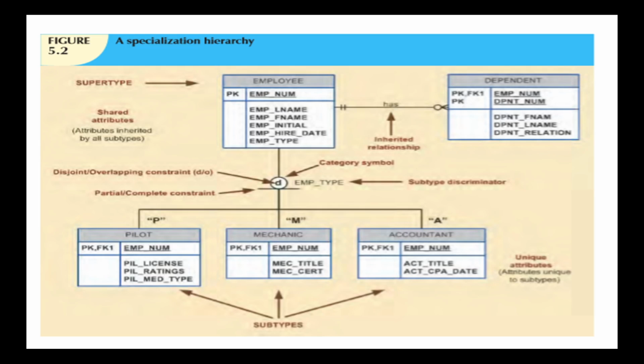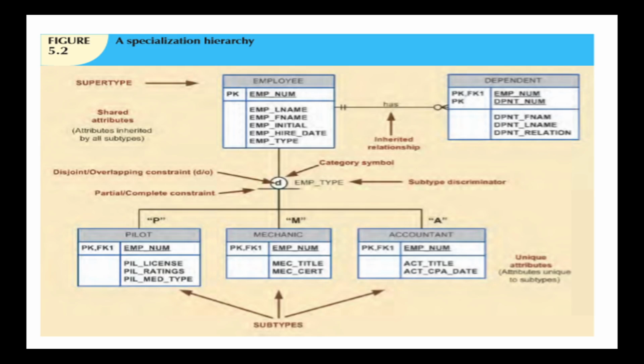It's very important for pilots. These attributes are not shared by the mechanic and the accountants. The employee supertype contains the common characteristics like last name, first name, initial, hire date, and employee type.